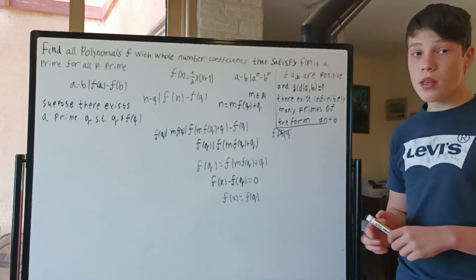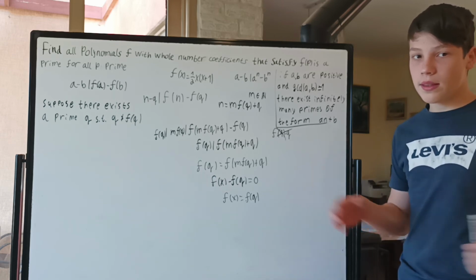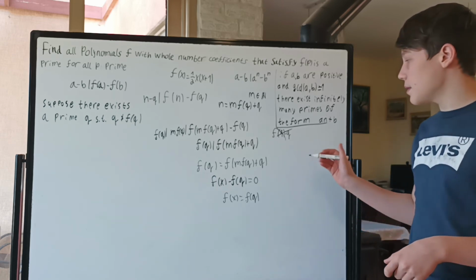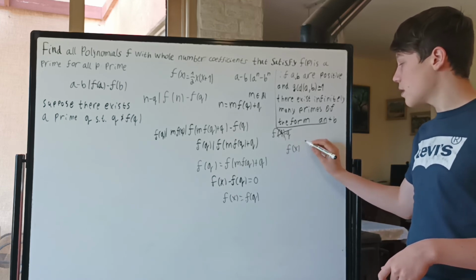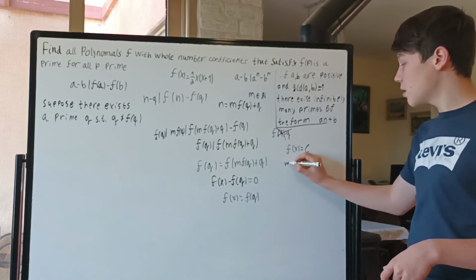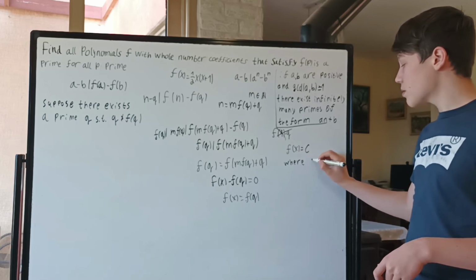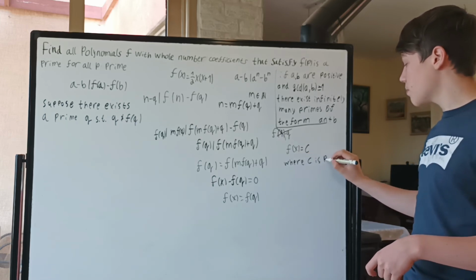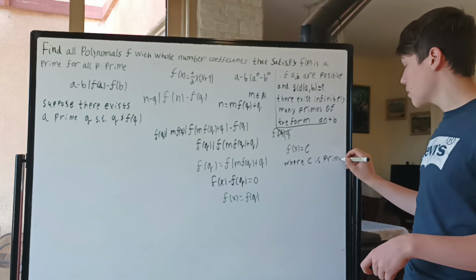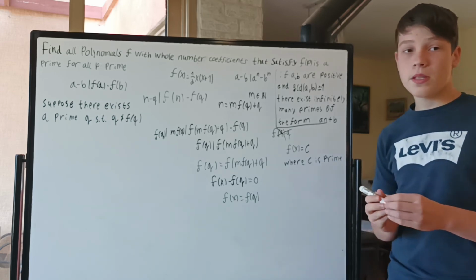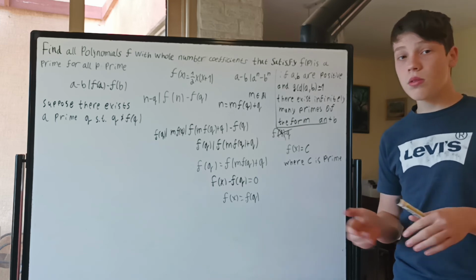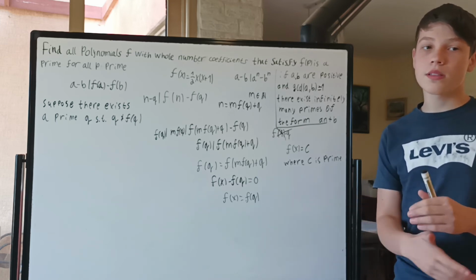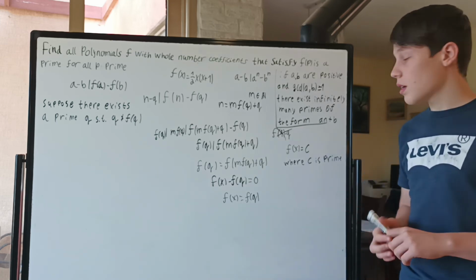Meaning that we found actually infinitely many solutions that can be described by f of x equals c, where c is prime. Right? So now we found an infinite family of solutions. f of x is equal to constant 2, constant 3, constant 5, and so on.